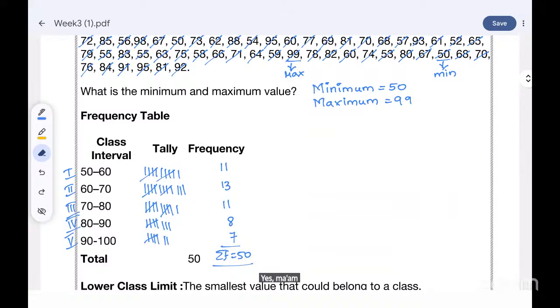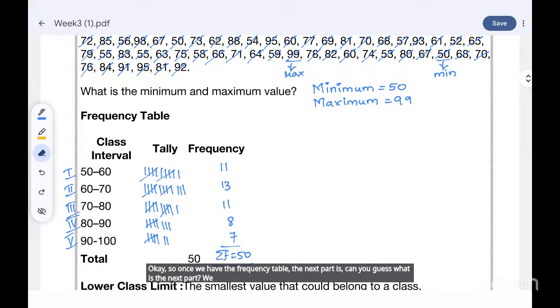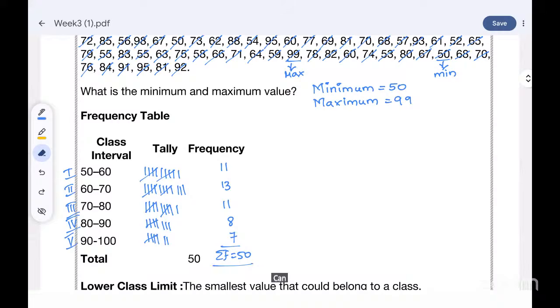Okay, so once we have the frequency table, can you guess what the next part is?